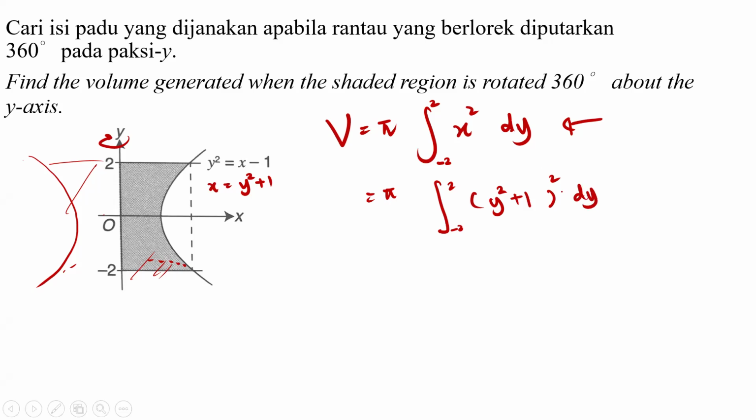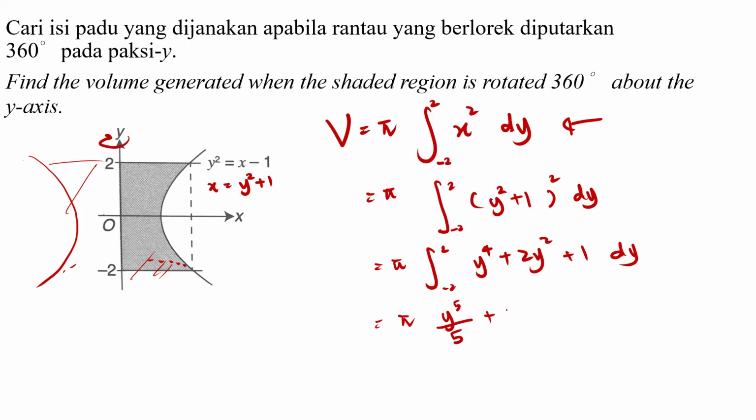Same as the previous question, you have to expand first. So we have y to the power 4 plus 2y squared plus 1 dy. Now we have pi times y to the power 5 over 5 plus 2y cubed over 3 plus y, with the boundary negative 2 to 2.